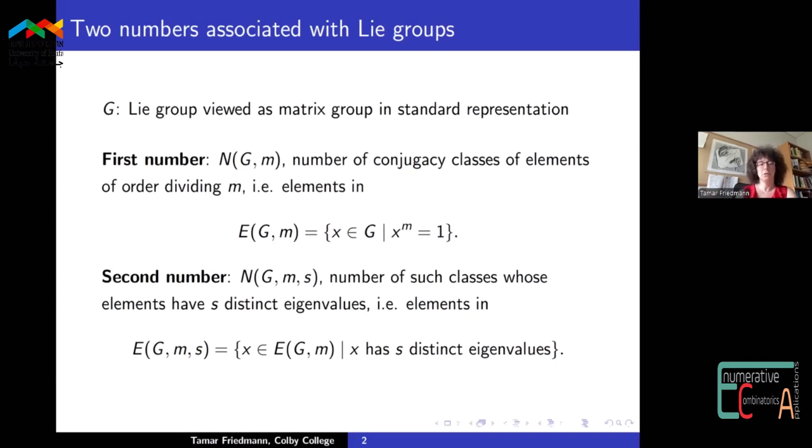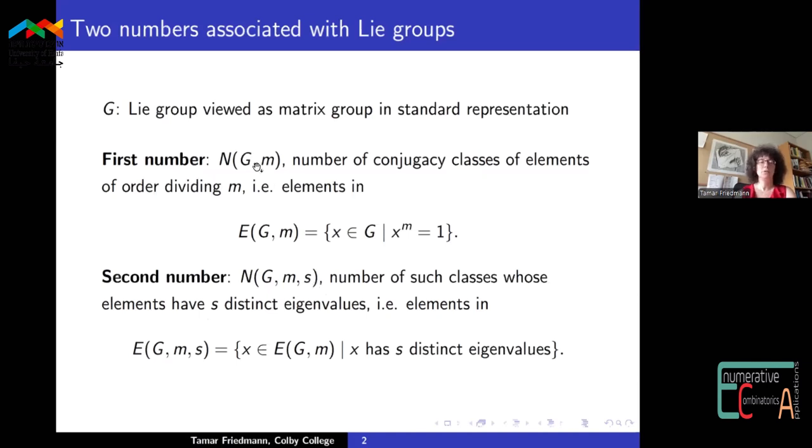The first number is N(G,M), which is the number of conjugacy classes of elements of order dividing M, which is all elements X in your group such that X to the M is 1, and we're looking at the conjugacy classes of those. The second number looks at the same conjugacy classes, but classifies them according to how many distinct eigenvalues they have in that standard representation. So one thing to easily notice is that if you sum your N(G,M,S) over S, you get N(G,M).